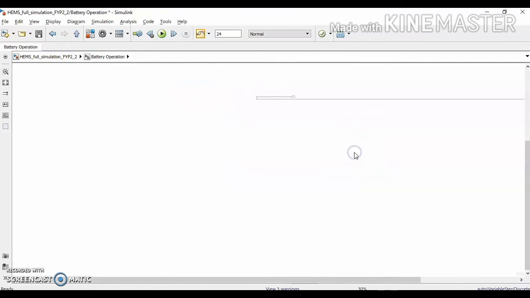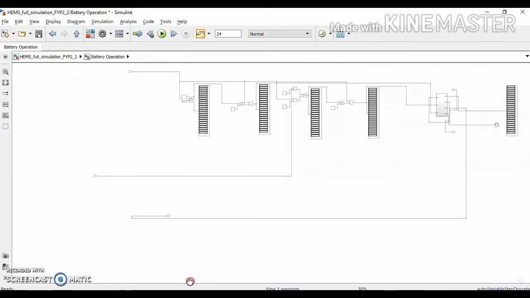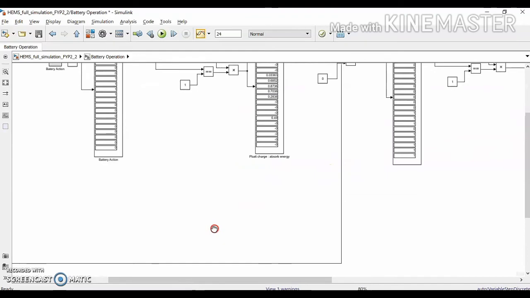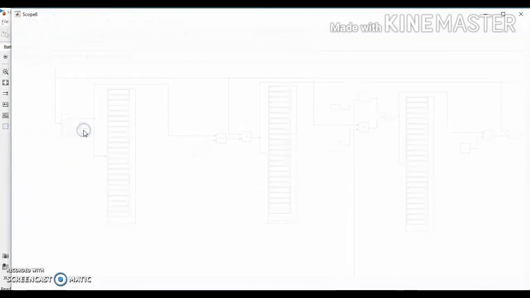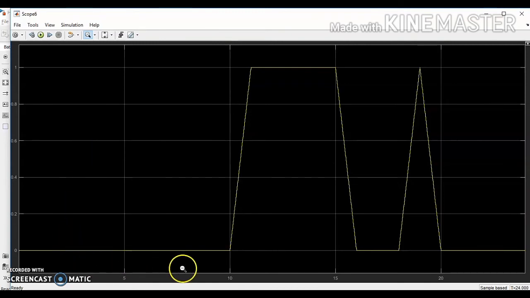So this is the battery operations. We can see the battery actions: at 10 the battery is not charged but discharged, but at 3 p.m. we can see the battery was charged because we have the balance of the renewable energy.